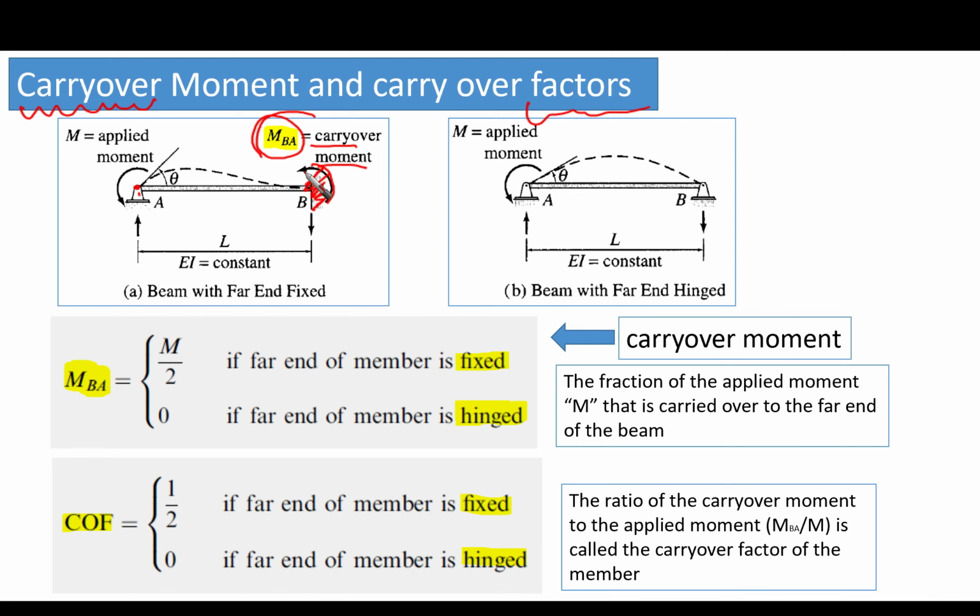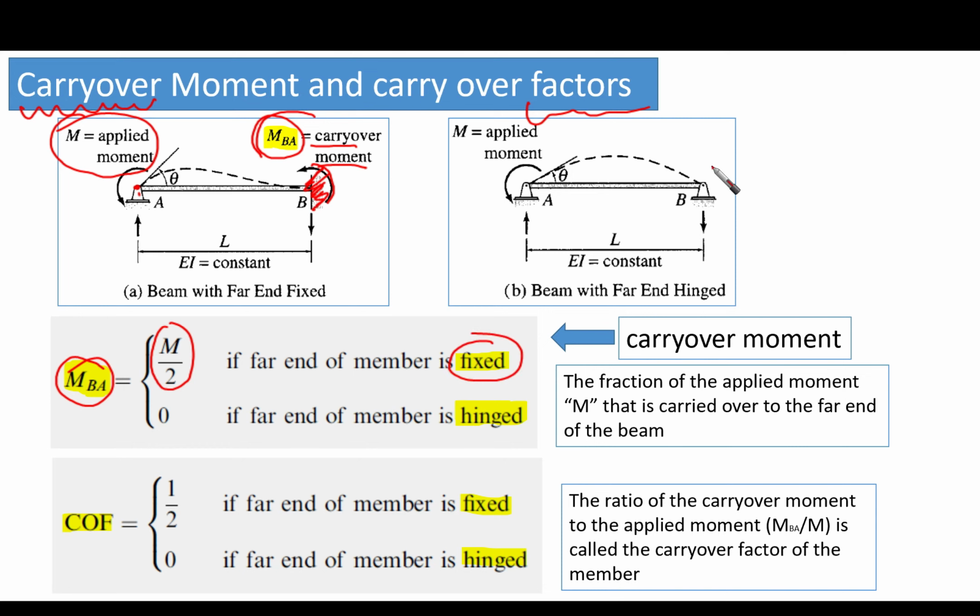We found that this amount of moment, MBA, if the far end is fixed, is half of the applied moment. So MBA equals M over 2. What is M? It is the applied moment on this hinged end. It equals M over 2 if the far end is fixed.